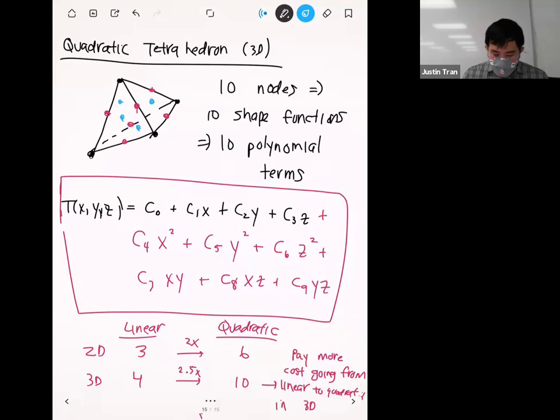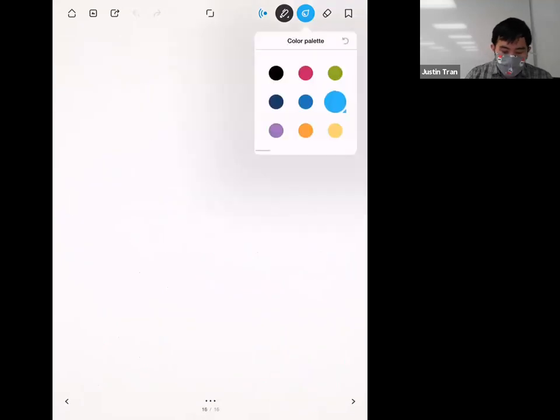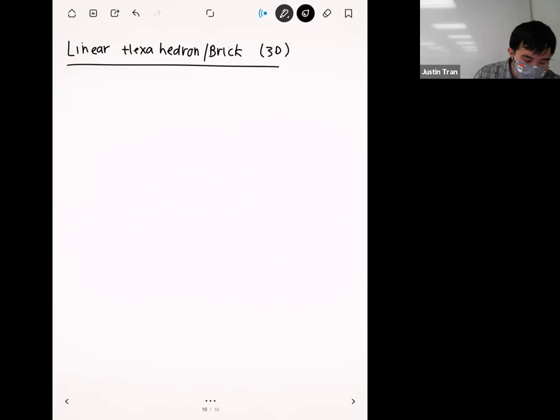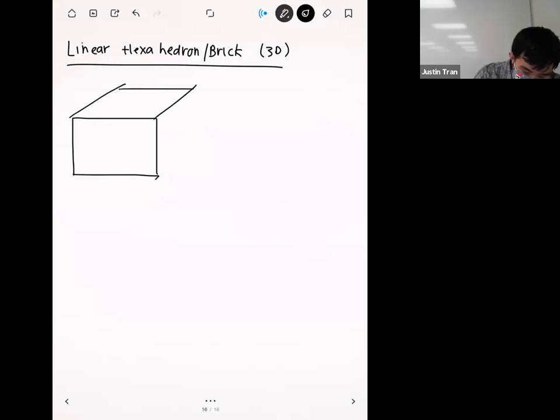Okay, all right. Now let's talk about the brick elements. Remember, the other name for a hexahedron is often a brick, because it looks like a brick. And so the brick looks something like this.